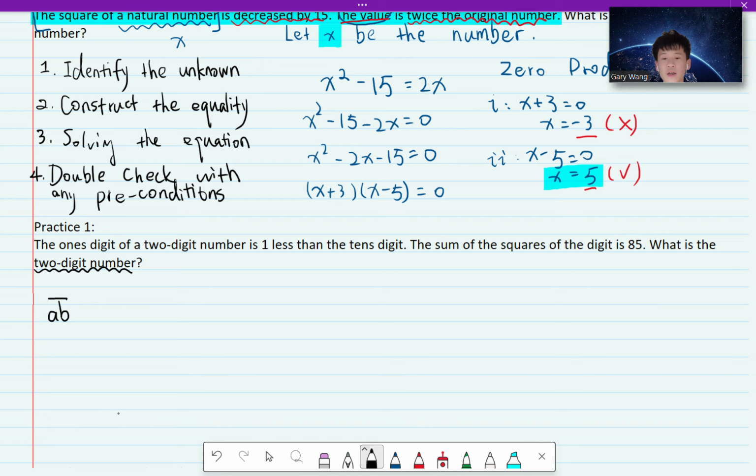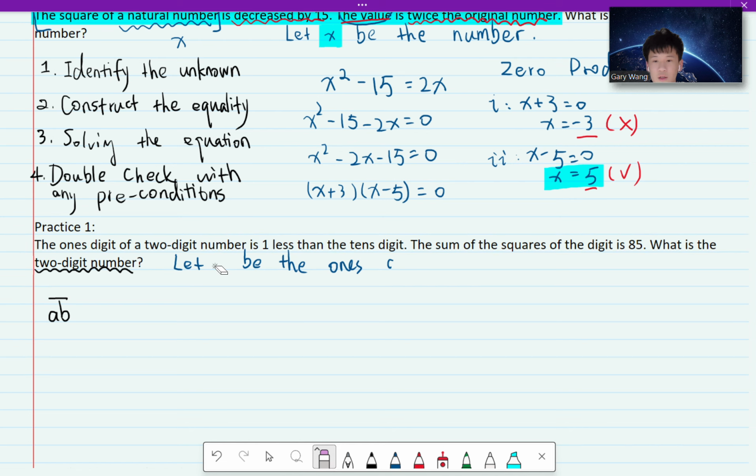So basically, we have 2 unknowns here. So we can say, let x be the ones digit. Or let's just use b, because it's in our generalization. Let b be the ones digit, and a be the tens digit.